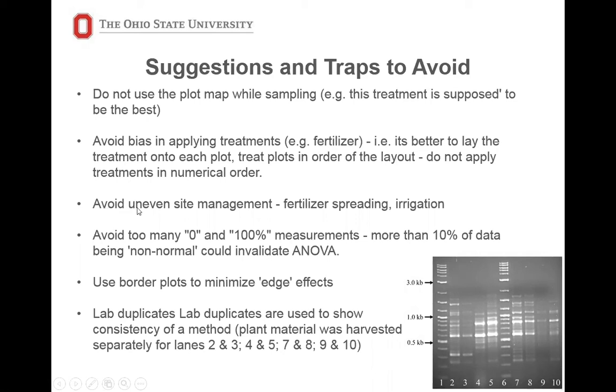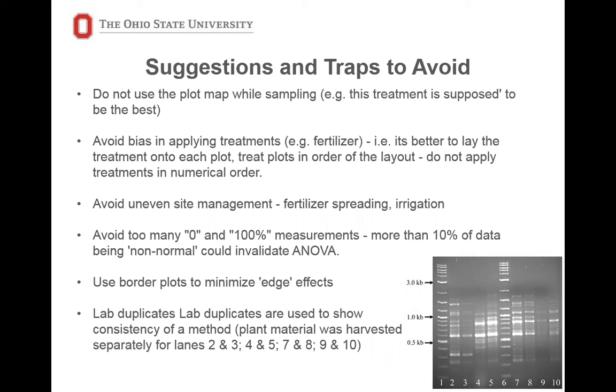We should try to avoid uneven site management. If we're spreading fertilizer, it may be tempting to drive past the experiment and spread fertilizer over the study. Those fertilizer trucks may not spread equally, and so we may end up with an uneven distribution of fertilizer.